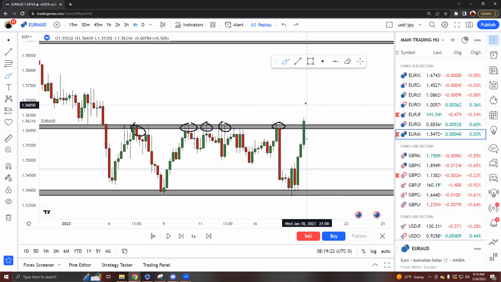If it breaks above this level, you know the next step is going to be a pullback, bullish confirmation, and you go for your buy. But let's say you went for the buy and the buy was wrong. That's okay. It's okay to lose a trade if you know how to get back in for all the right reasons.